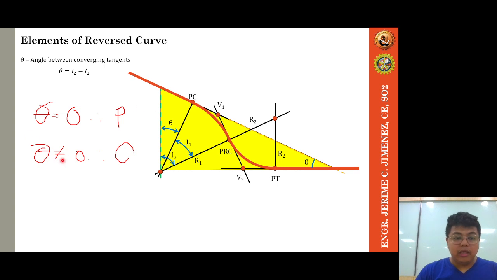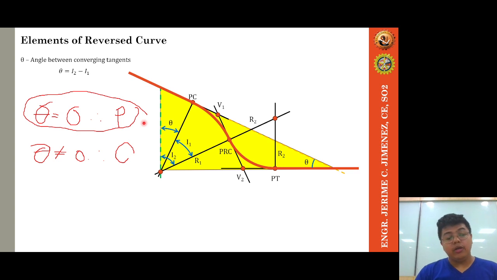If theta is not equal to 0, therefore, the problem is converging tangents. Kasi, kung si I sub 1 ay, say for example, is equal to 20, si I sub 2 ay equal sa 20, so I sub 1 is equal to I sub 2. Diba? Type 1 and type 2 yun, which is parallel tangents. So, 20 minus 20 is 0. Therefore, theta is equal to 0. Therefore, it is parallel tangents.